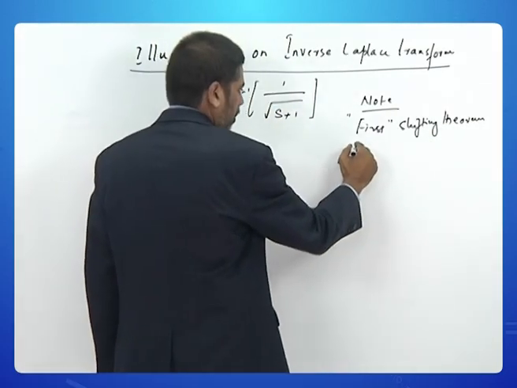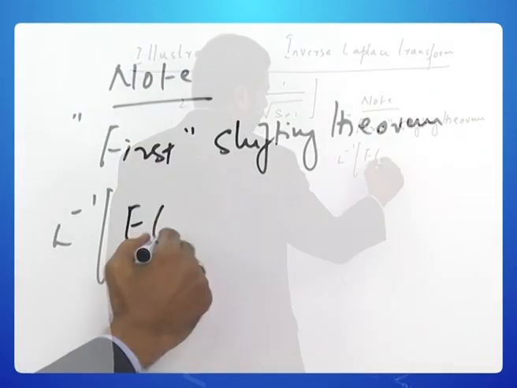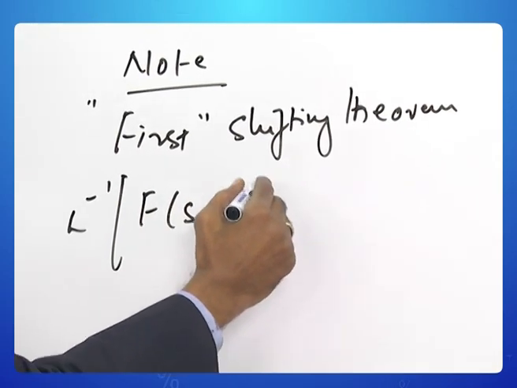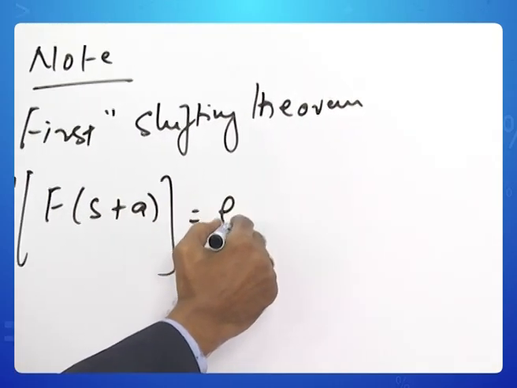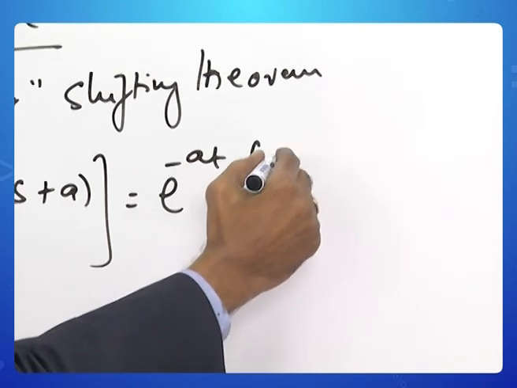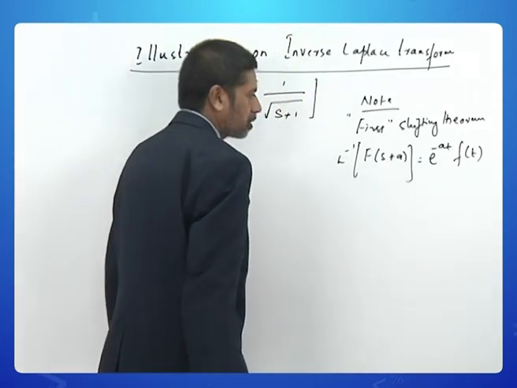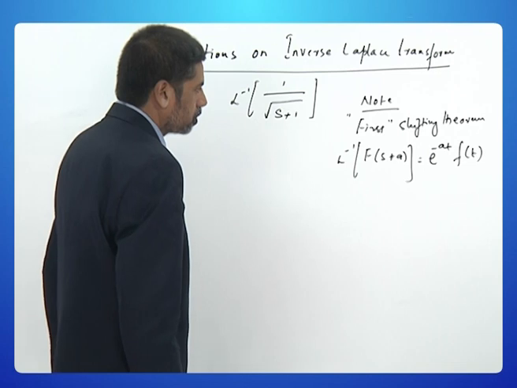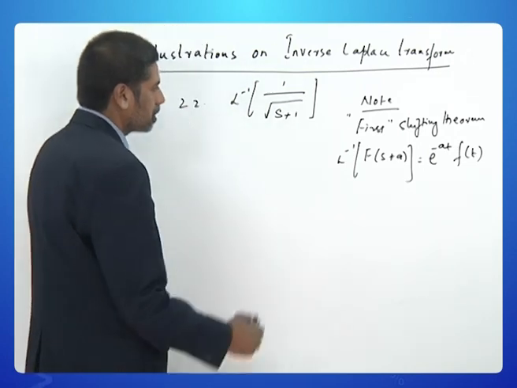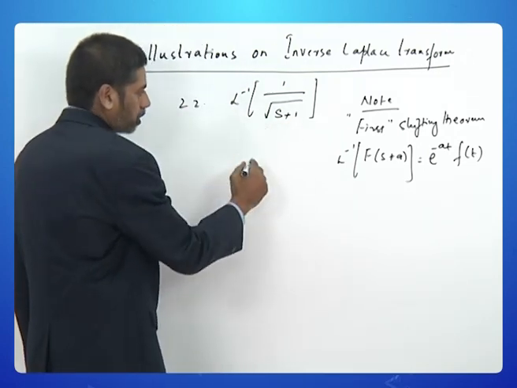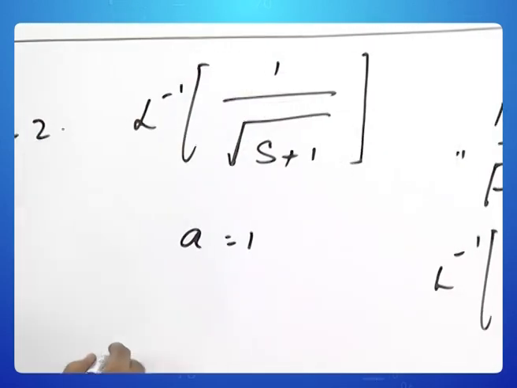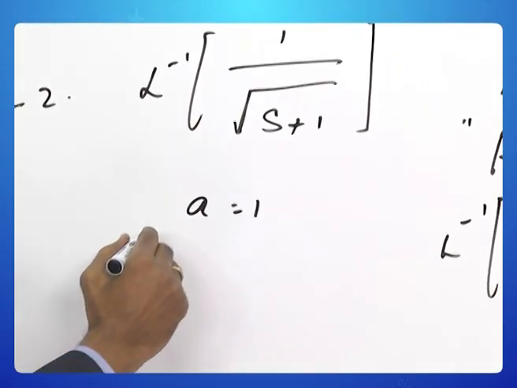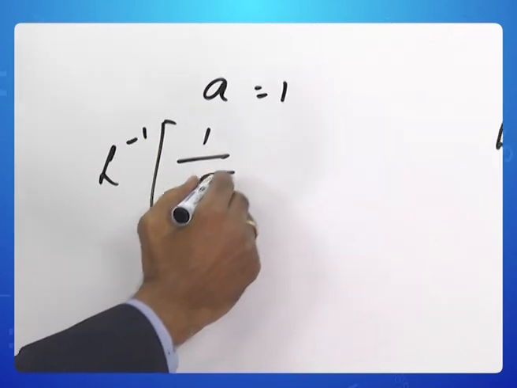It says inverse transform of f of s plus a is e power minus at f of t. So in this case, you will find that a is equal to 1. So you first start with inverse transform of 1 by square root of s.